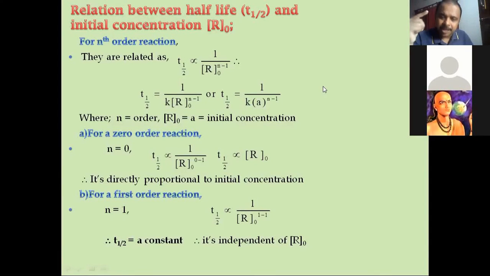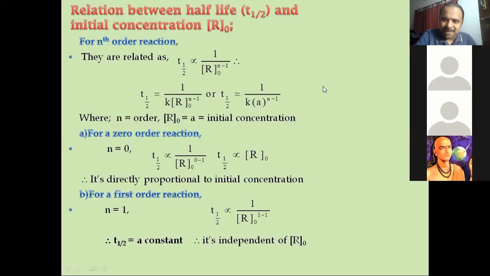Now, if I plot half-life versus 1 by R naught and it doesn't give a straight line passing through origin, you can't say it is first order. It is not second order, you can say.